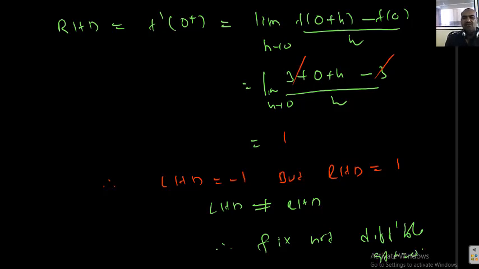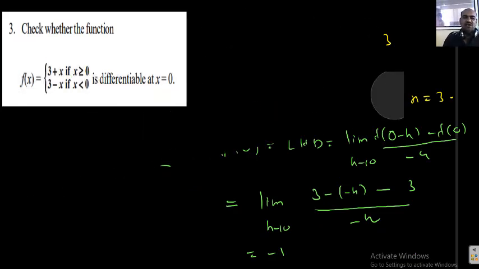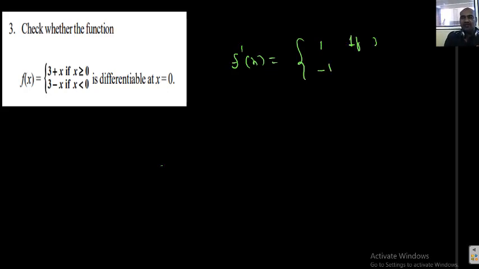Okay, students. So there is another way also. After checking continuity, we can check differentiability by the differentiation concept. I want to find f dash of x, which is equal to 1 for x greater than or equal to 0, and minus 1 for x less than 0.